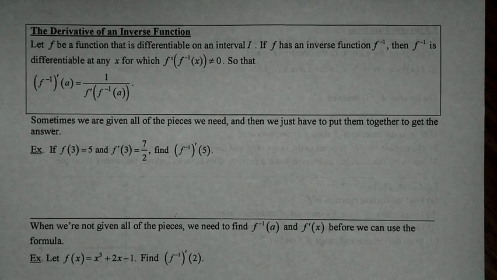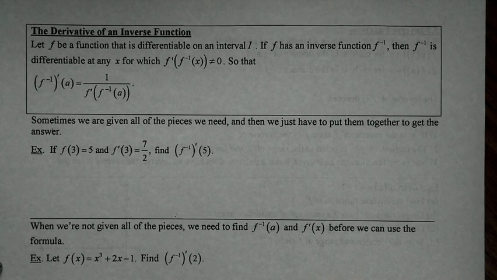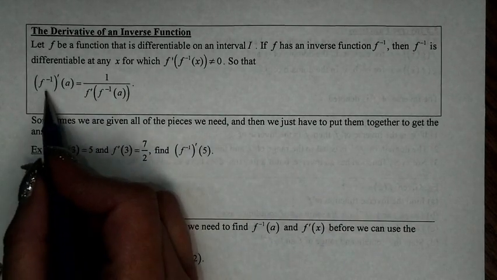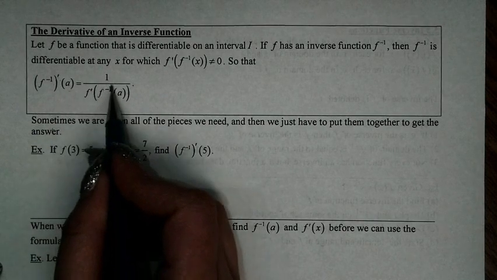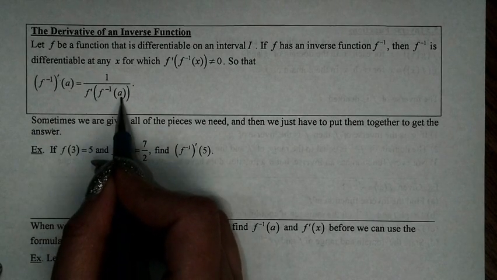Now that you understand where the formula comes from, that it's not that magical, you know that the formula goes like this. If we have f, a function that is differentiable on an interval I, and f has an inverse function, f inverse, and f inverse is differentiable at any x for which f prime of f inverse of x is different than 0, we have that f inverse prime of a is equal to 1 over f prime of f inverse of a.